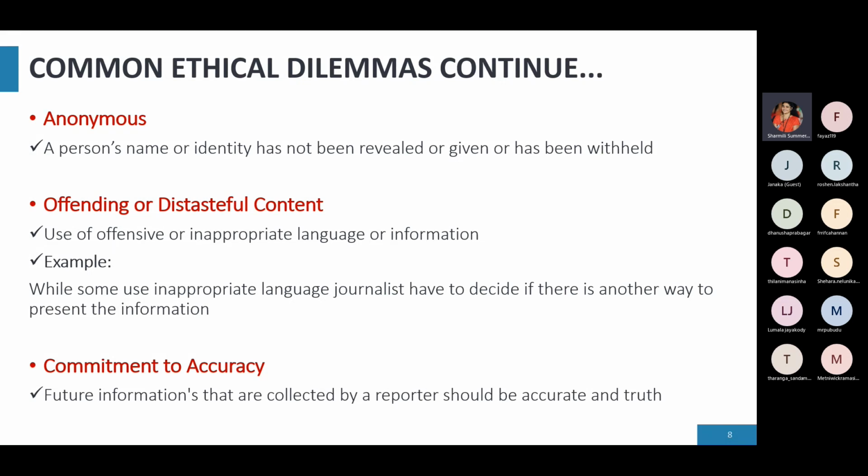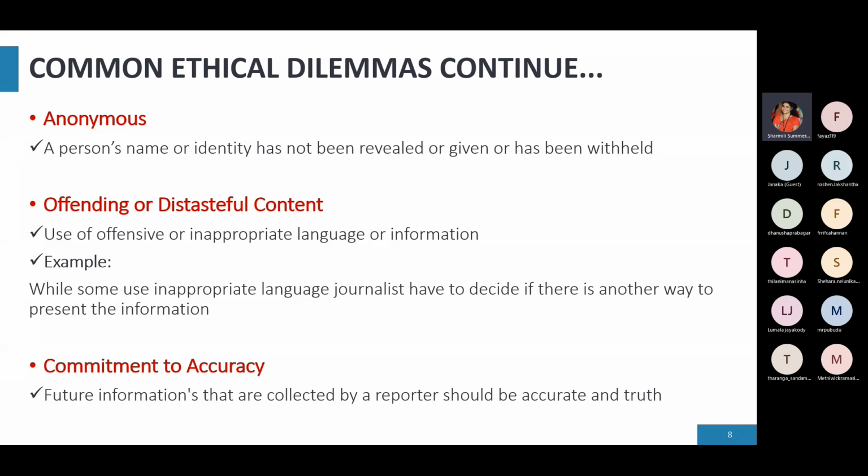Sometimes in videos you may also encounter words that are muted. Once the person starts to pronounce those words, they mute them because they are not disclosed publicly. We can't allow those words to be pronounced or used publicly. So we call this offending or distasteful content.